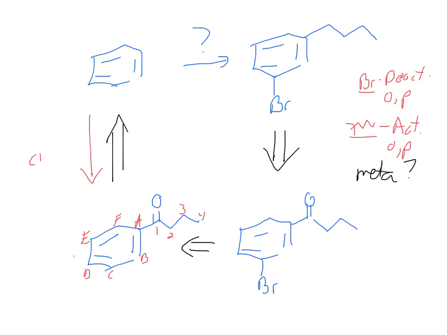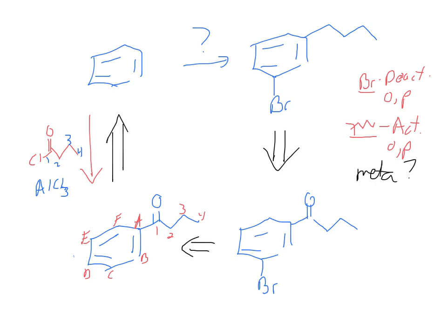It's going to be a chlorine attached to the carbonyl, 1, 2, 3, 4. And we need a catalyst too. Let's throw that aluminum chloride in there, AlCl3. That'll put the ketone on. Good to go. Ketone's a deactivator, and we know it directs meta.